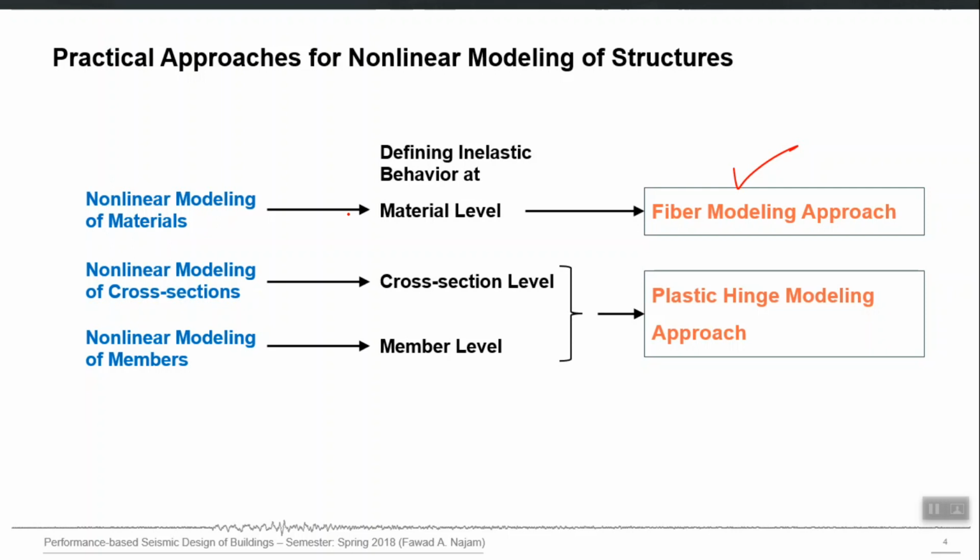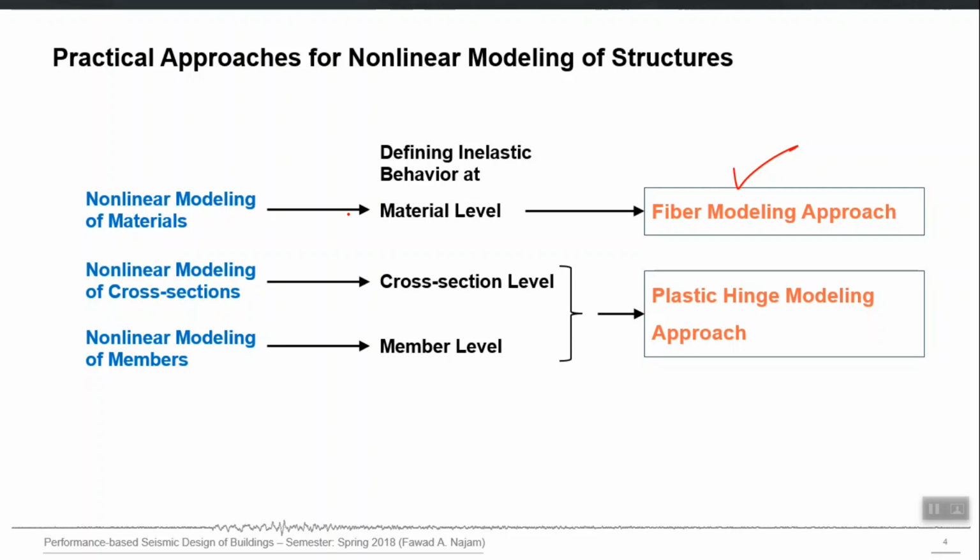So if you define a nonlinear material first and then assign that nonlinear material to a cross section, that cross section can become nonlinear. And when you assign that cross section to a member, when you draw that member, that member automatically becomes nonlinear. So there is no need of lumped plastic hinges if you define the material as nonlinear, right?